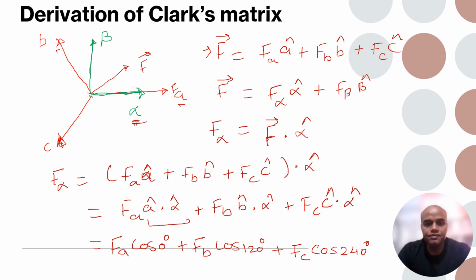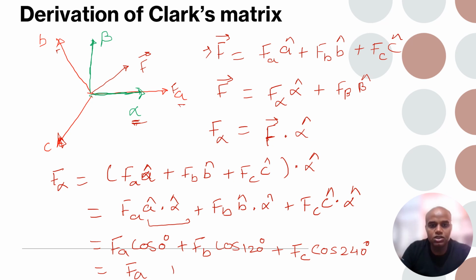All right. So putting the values of these, cos 0 is nothing but 1, so this is Fa, plus Fb cos 120, which is minus 1 by 2.